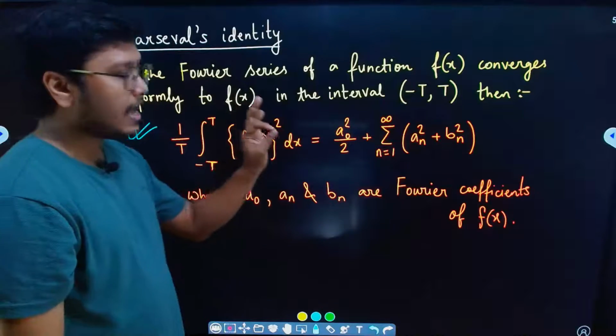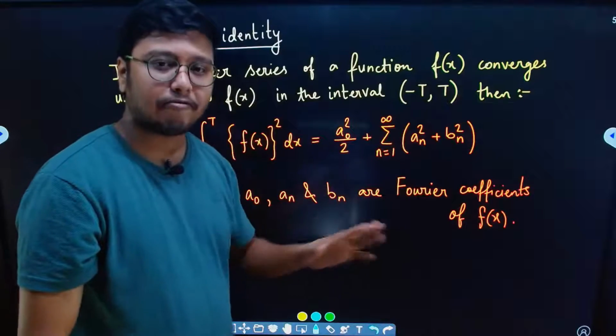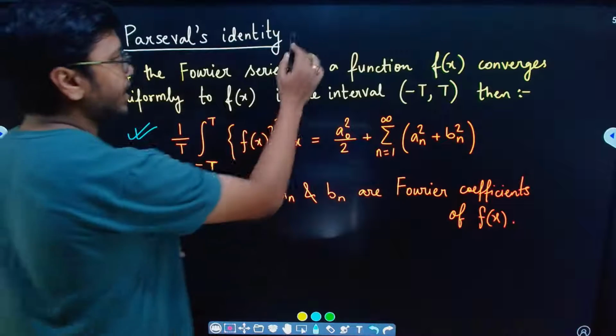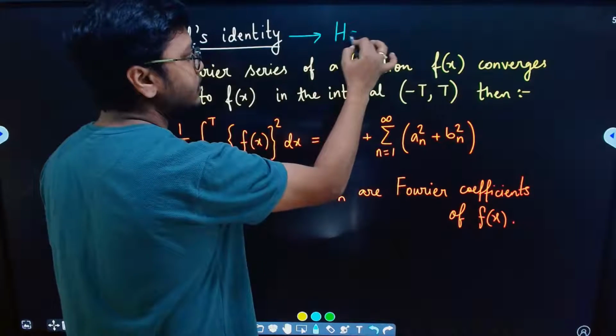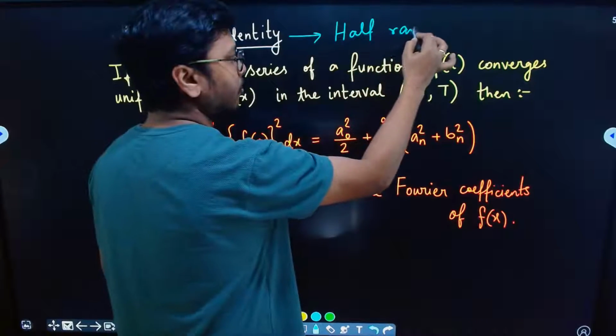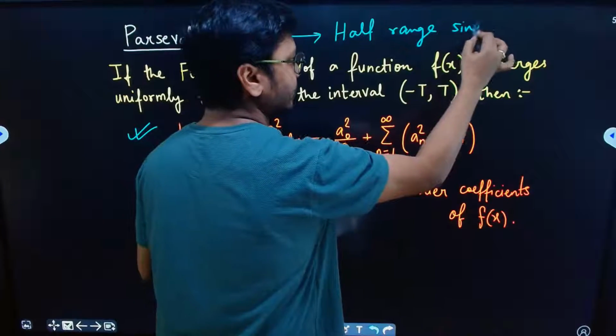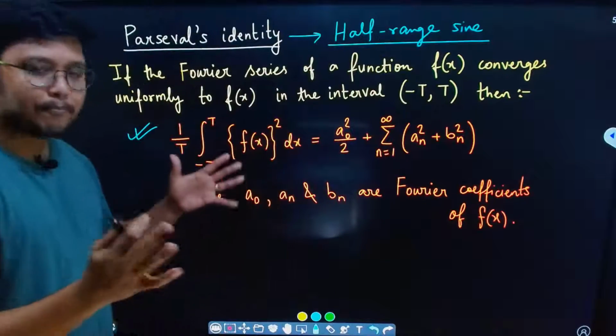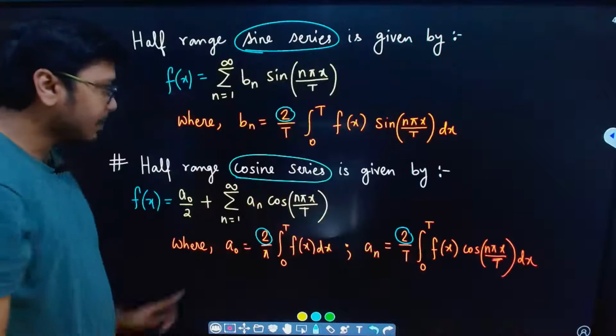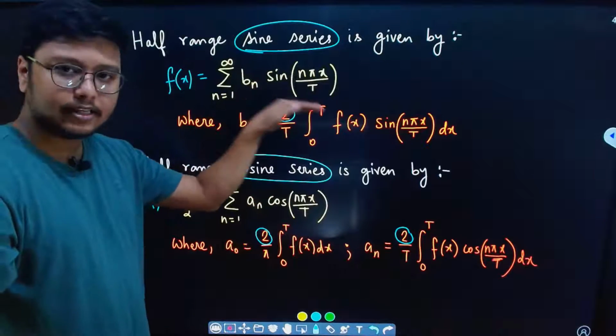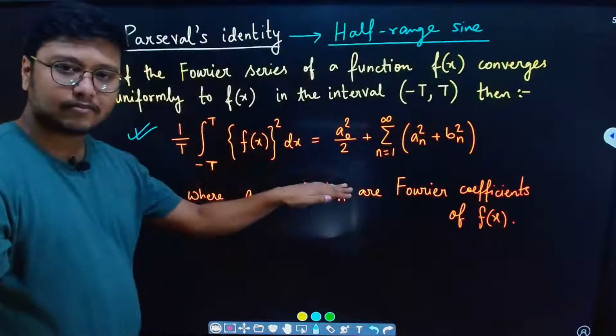So now if I have to do Parseval's for a half range, let's say for a half range sine series, I have to combine the half range sine formula with the Parseval formula.